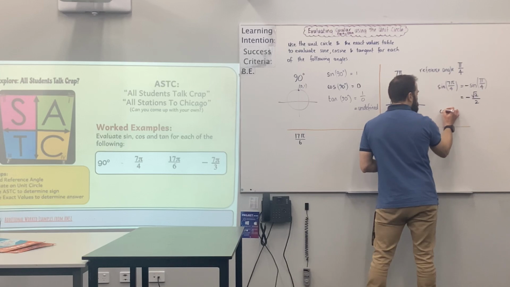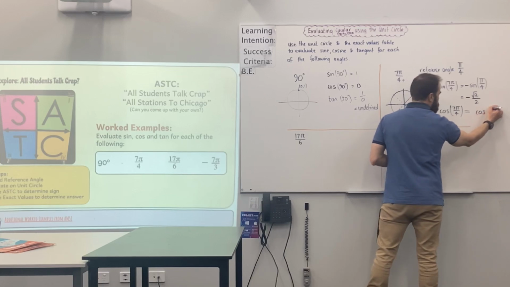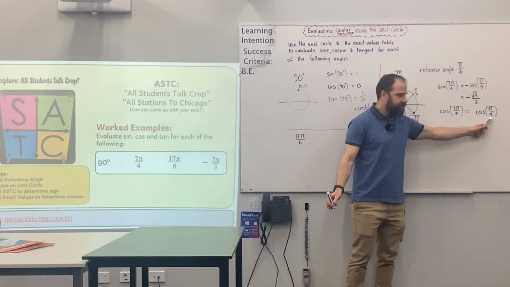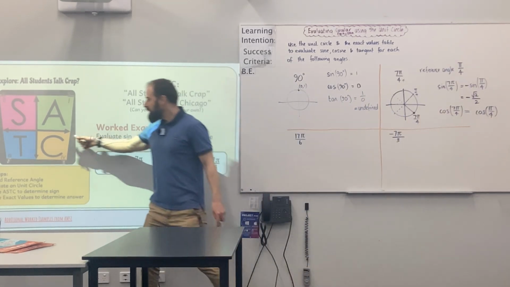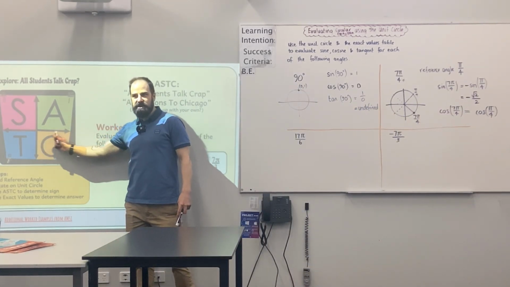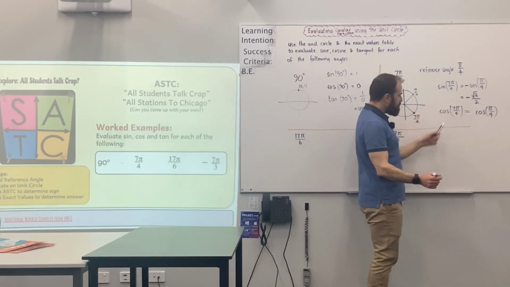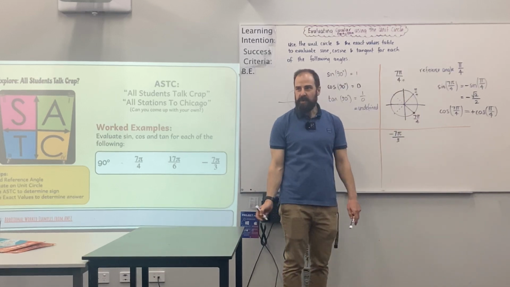Okay, let's go to the second one. Cos of 7 pi on 4 has something to do with cos of pi on 4 because this is my reference angle. Now, I've just got to decide, is it positive or negative? Because I'm in the fourth quadrant, is cos positive or negative? Positive. So cos of 7 pi on 4 is equal to positive cos of pi on 4.